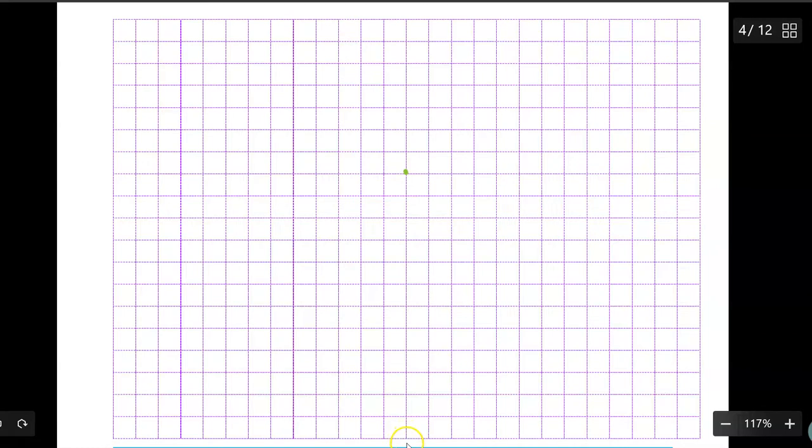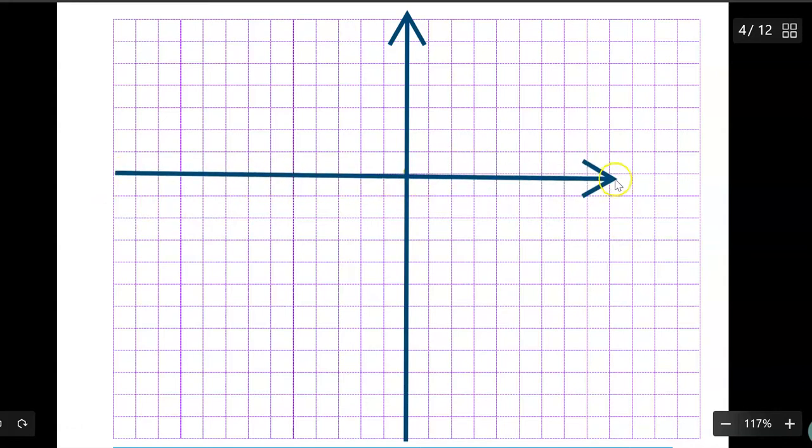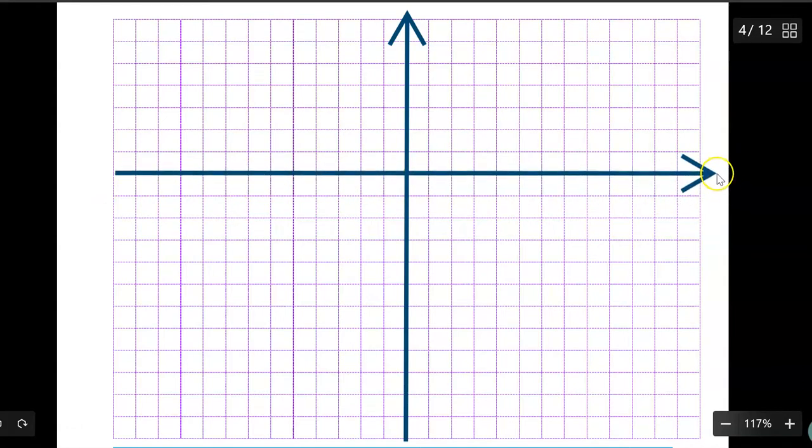I need to demonstrate this in case you need to plot the x and y axis on the graph that is provided for you. So here is my y-axis and here is my x-axis. I make sure that the arrows stay on this side to show that this is the positive for x and this is the positive for y.